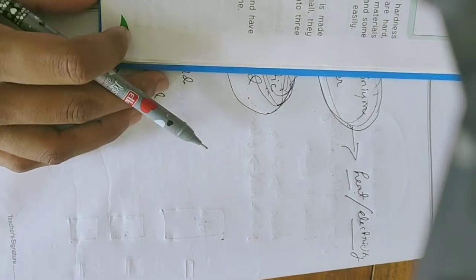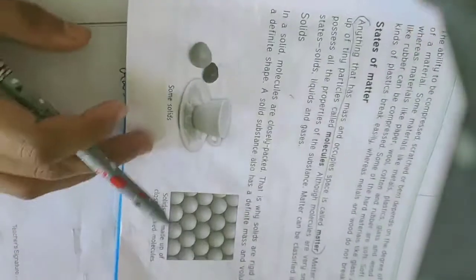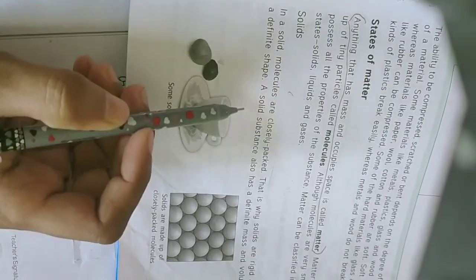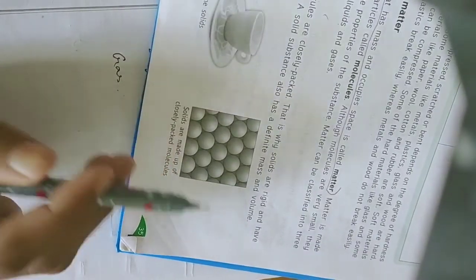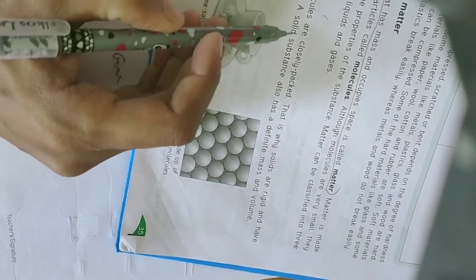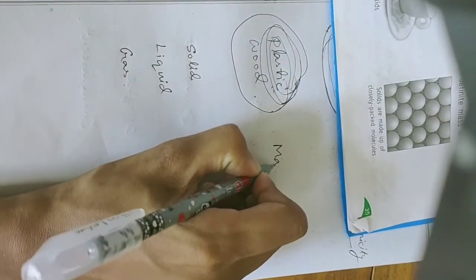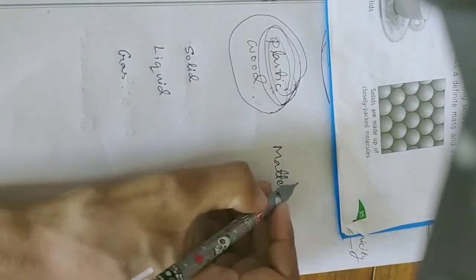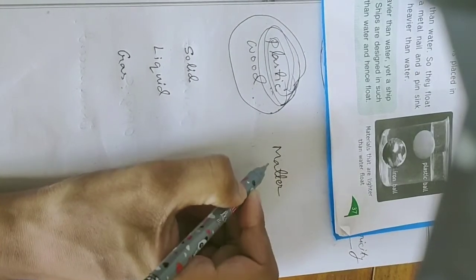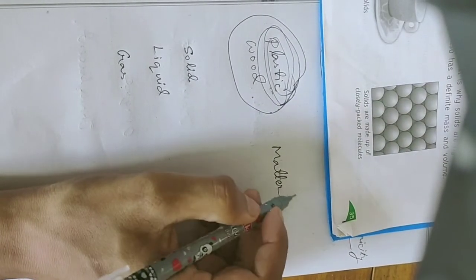Now for the first state of matter, which is solid, their molecules are closely packed. See, matter is anything that has mass and occupies space.